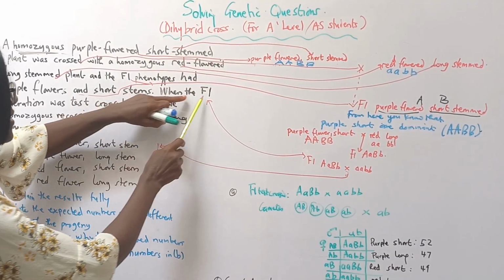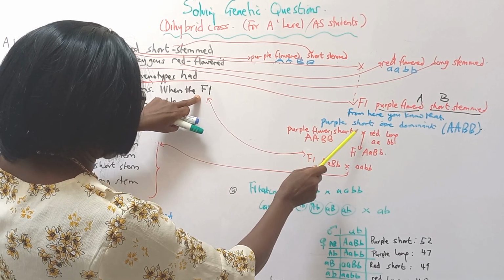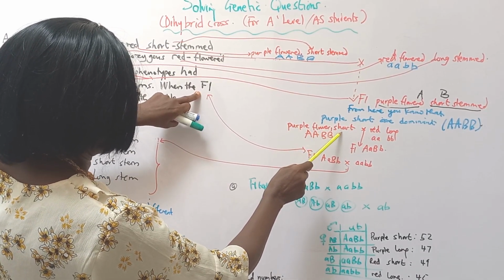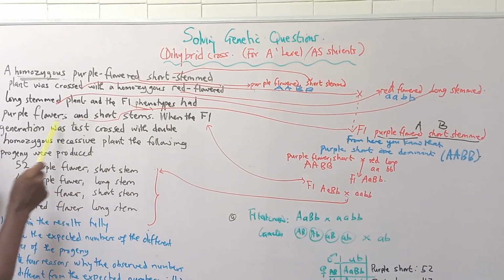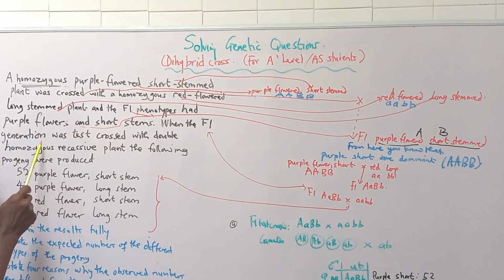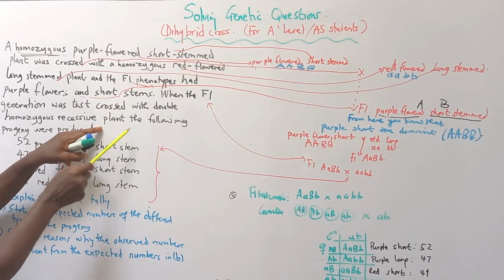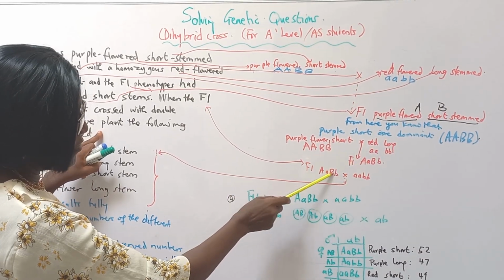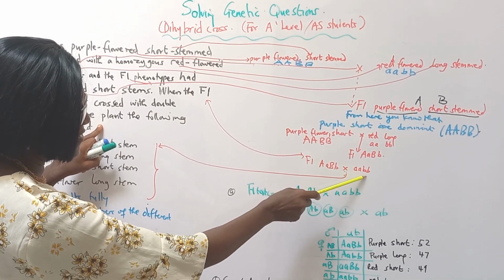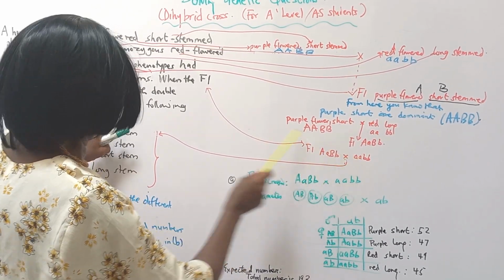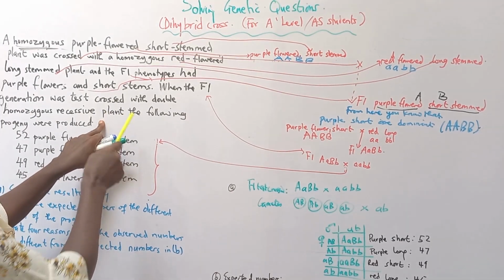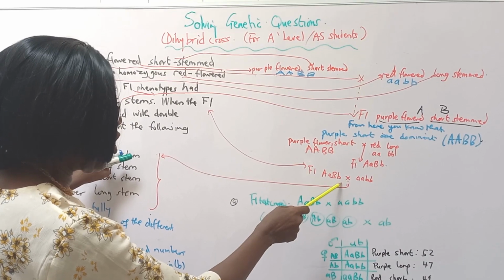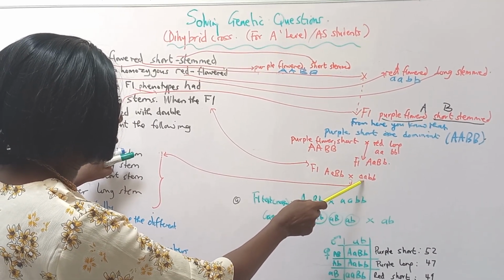And they said when the F1, this is the F1, we got purple flower shorts. When the F1 generation was test crossed with double homozygous recessive plants, right? So the F1 is crossed with double homozygous recessive plants. And this type of cross is a test cross where the heterozygote F1 is crossed with a double recessive.